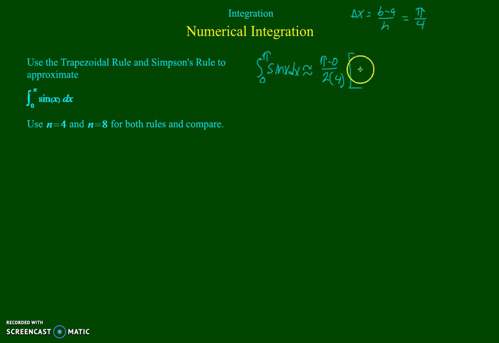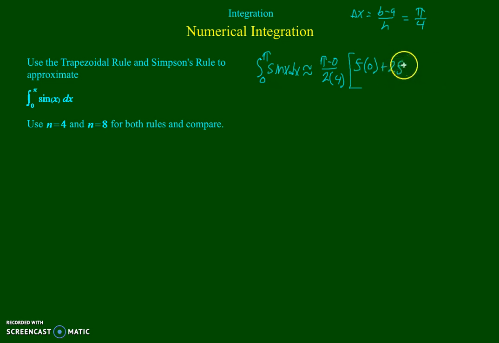So our first region here is going to be 0, because we're starting at the lower limit a. So we're going to evaluate f at 0 plus, and then remember the intermediate terms all have a coefficient of 2.